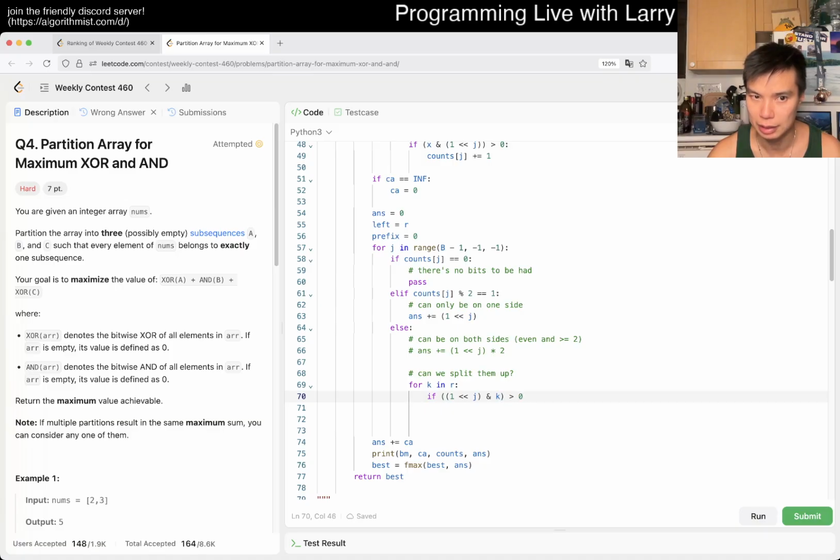That means the answer is yes, but the prefix is equal to 0. So k and the prefix is equal to 0, then the answer is yes.